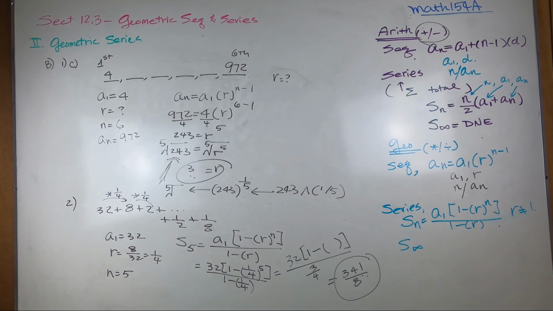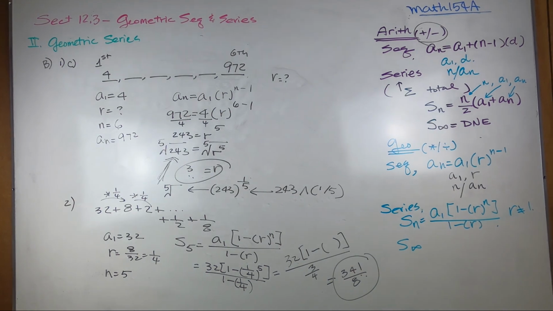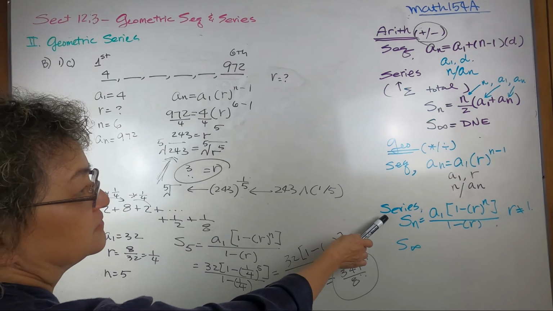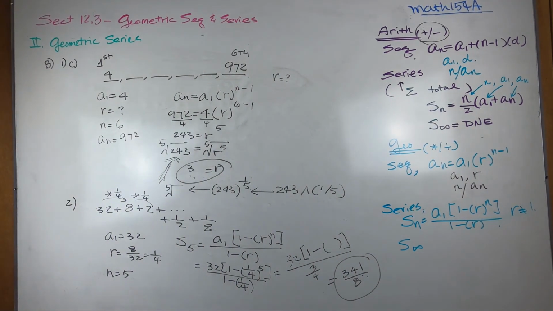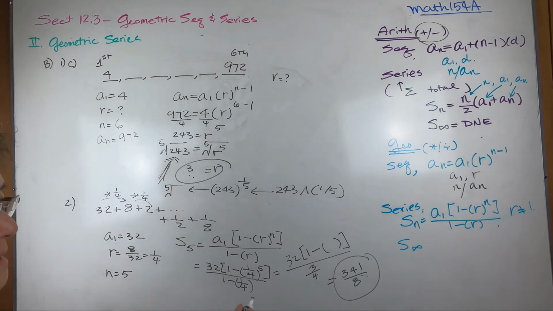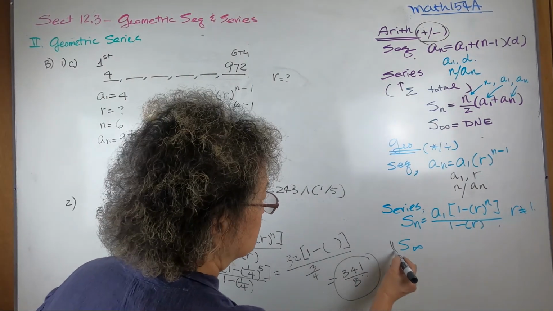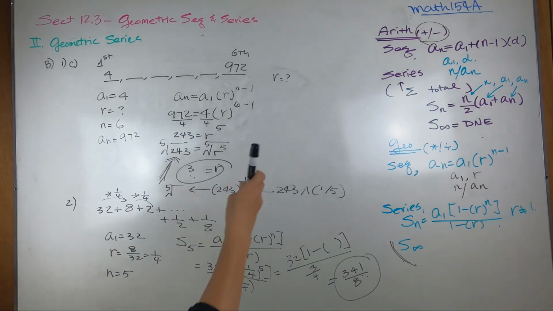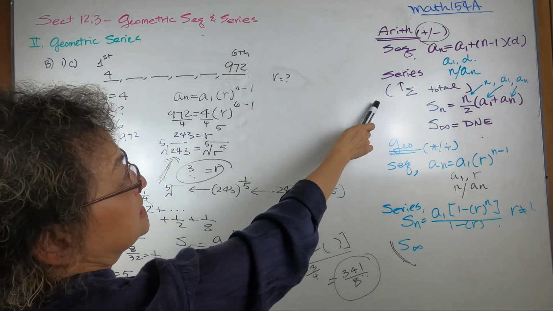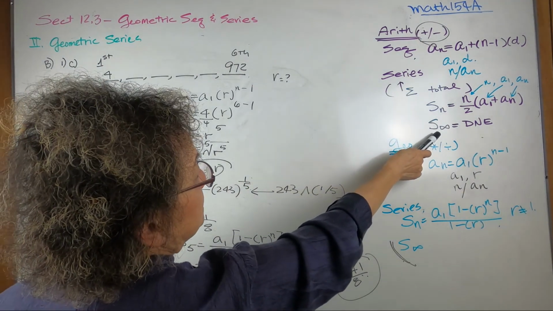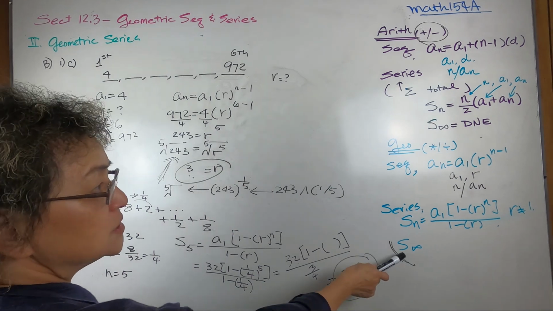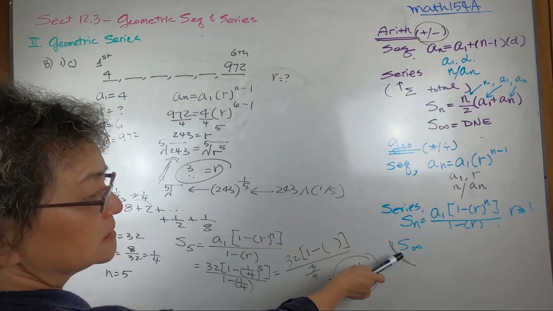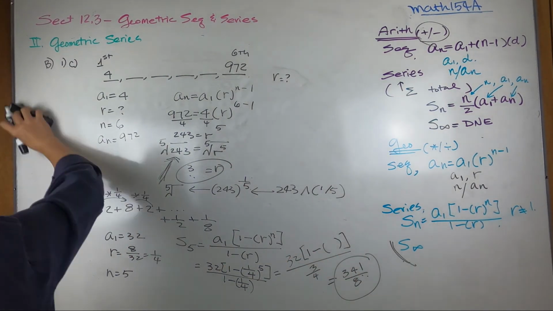Okay, so this is a finite series for the geometric series. All right, this particular one is different from the arithmetic series, because you cannot find an infinite series for that. But for geometric series, it's a little bit different story.